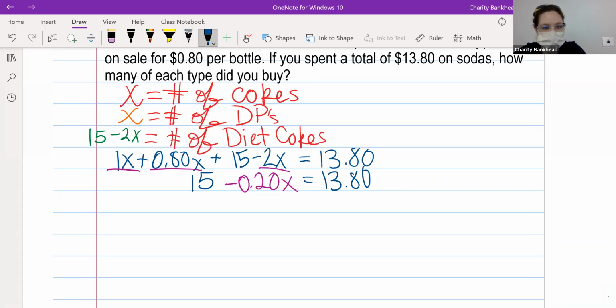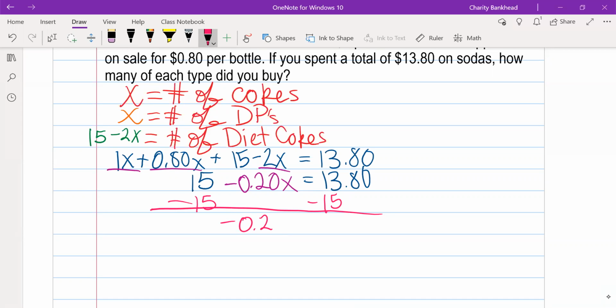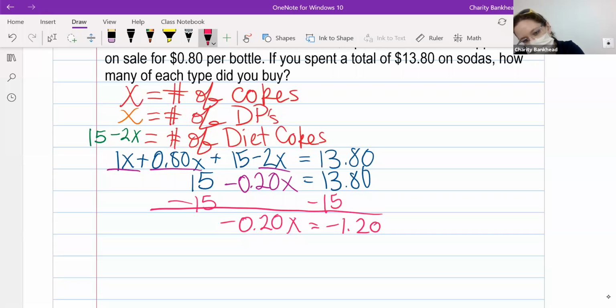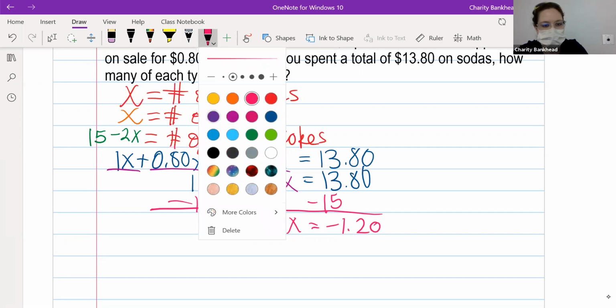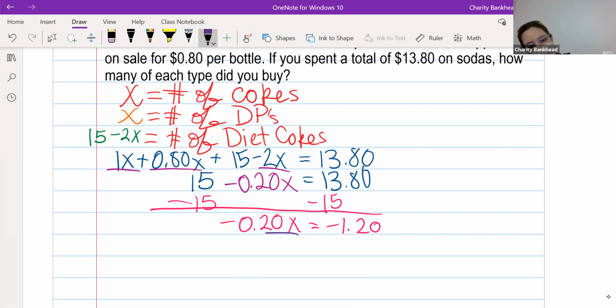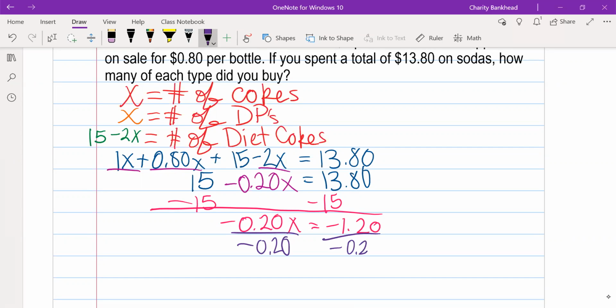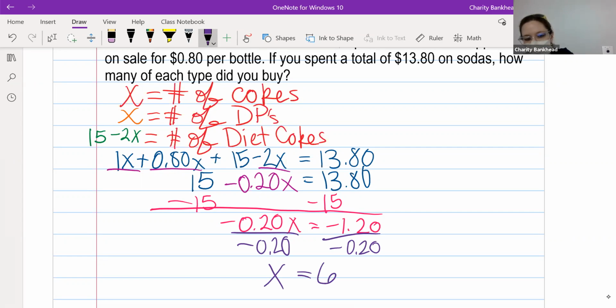And next I'm going to subtract 15 from both sides. Negative 0.20X equals negative 1.20. And then just divide both sides by negative 20 cents. So it's going to give me X is equal to 6.